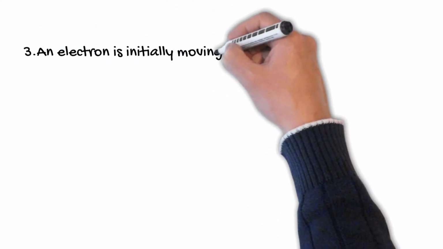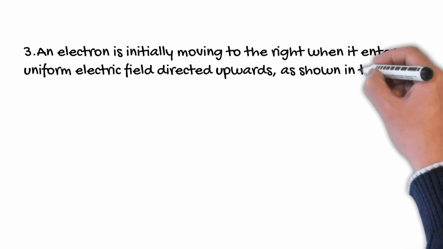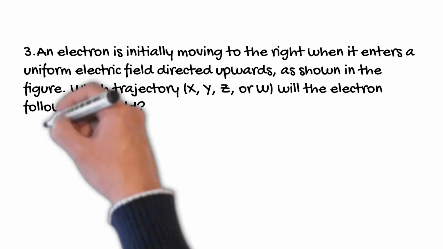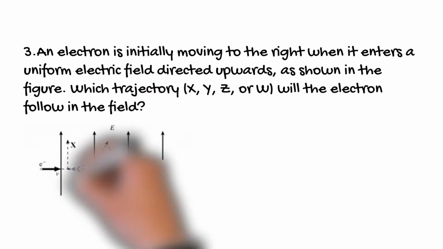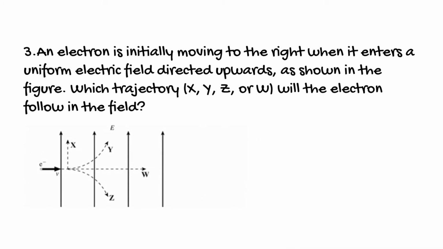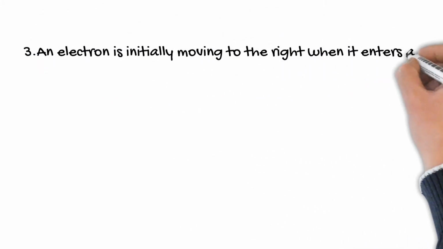Number 3. An electron is initially moving to the right when it enters a uniform electric field directed upwards as shown in the figure. So you see the arrows show the electric field upwards. It's a uniform electric field. And the electron enters. What's the direction of the force?